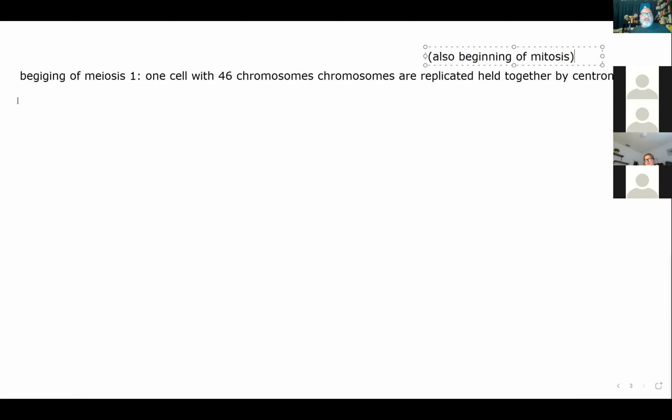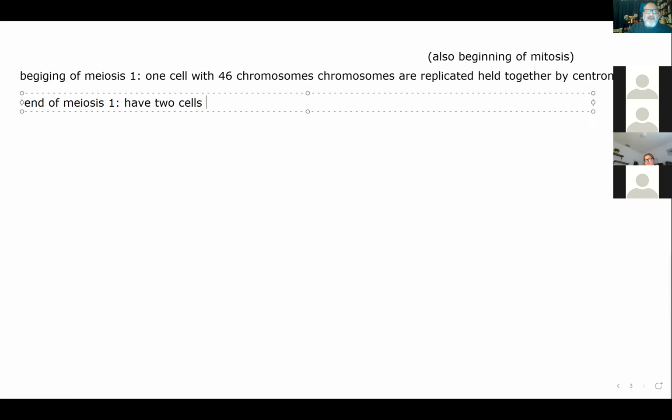What's different is that at the end of meiosis 1, let's be more specific, we have 2 cells. And each of these cells has 23 chromosomes, one copy of each unique chromosome. However, those 23 chromosomes that each cell has are still replicated.